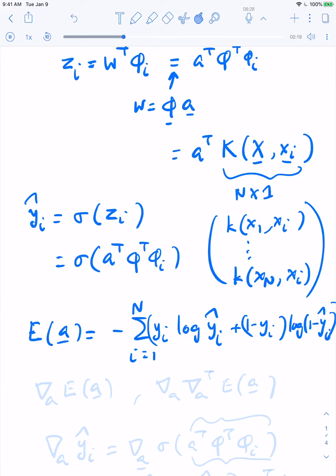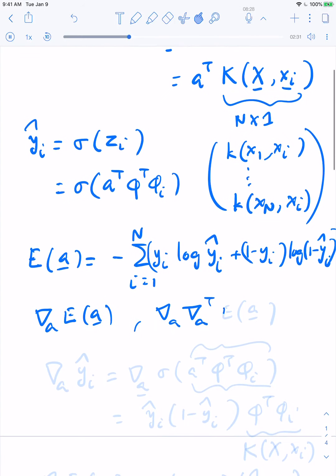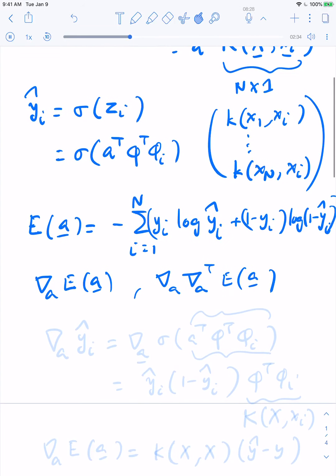So everything proceeds exactly the same way. I'm going to take the gradient of this, and the Hessian of this, and I can think of doing it one term at a time. The key component will be the gradient of yi hat.